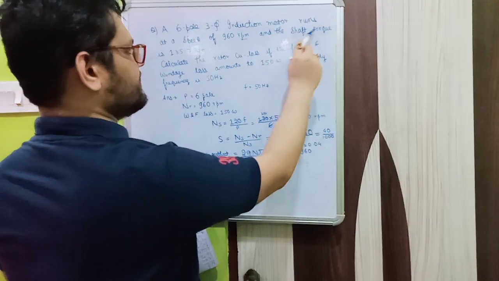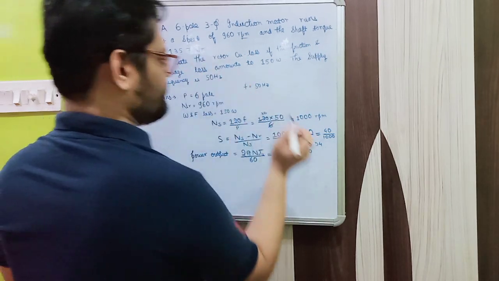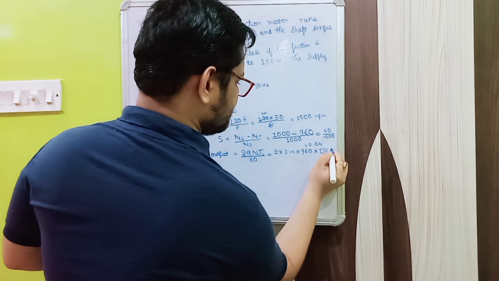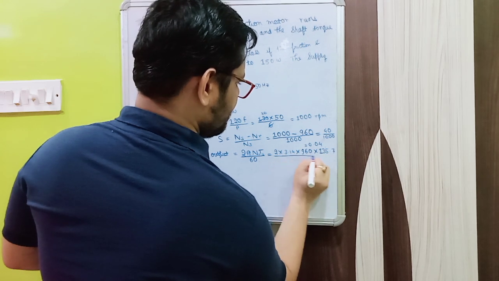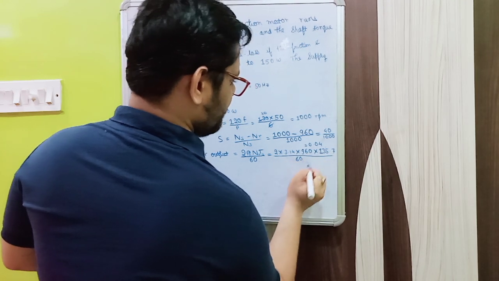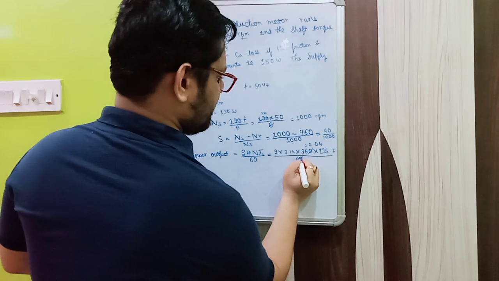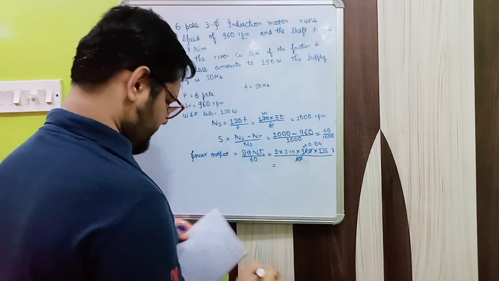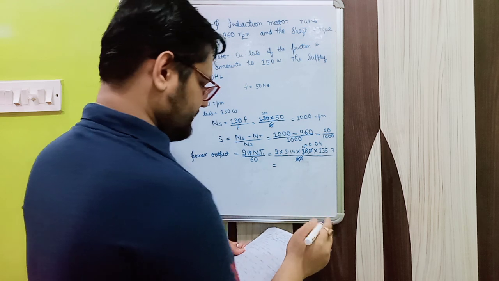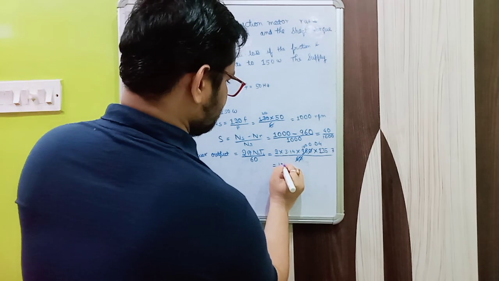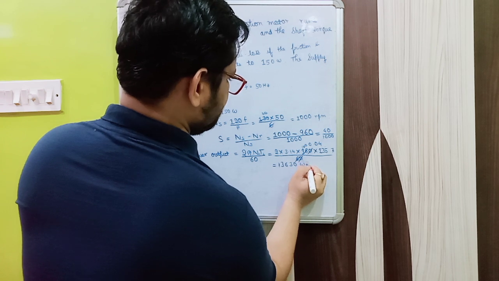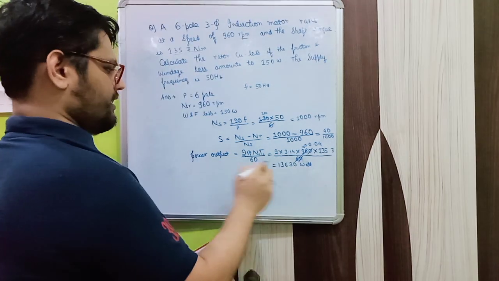Ts is the shaft torque, that is 135.7, divided by 60. If we calculate the whole value, we will get a value of 13630 watt. So this is the power output.